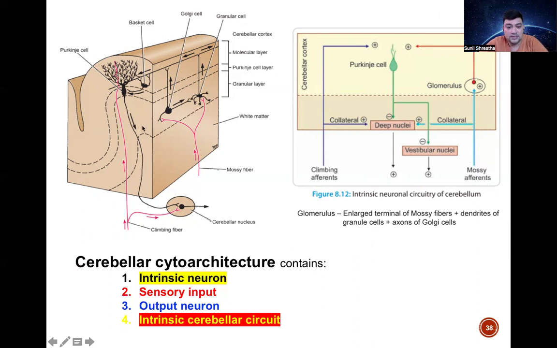It basically contains the intrinsic neuron, sensory input, output neuron, and intrinsic cerebellar circuit. There may be some neurons, some sensory input, output neurons, and intrinsic circuits present in the cerebellar cytoarchitecture. So we'll discuss these things.